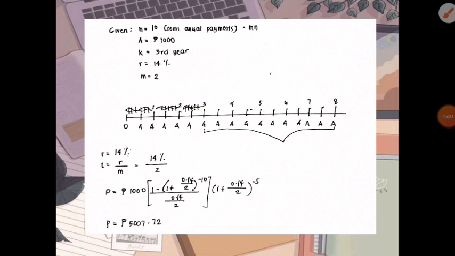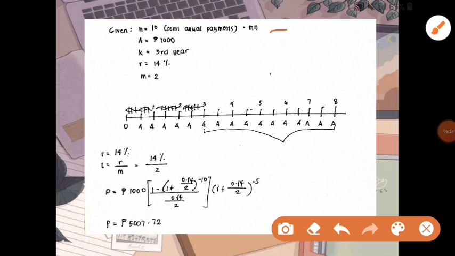Let us write the given. There are 10 semi-annual payments, so that is our N. This time, years were not given, only the semi-annual payments, meaning it is already multiplied by 2. The 1,000 is the A, what he pays every semi-annual period. He starts paying at the end of the third year, so that is our K. Then r is 14%, and m is 2 because it is semi-annual.